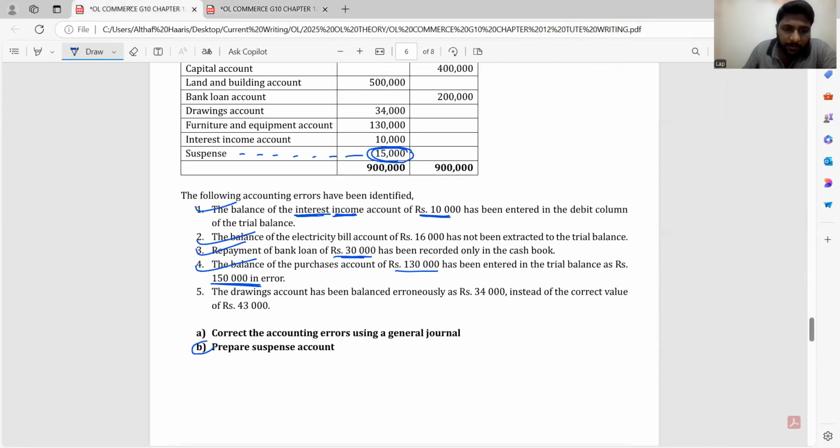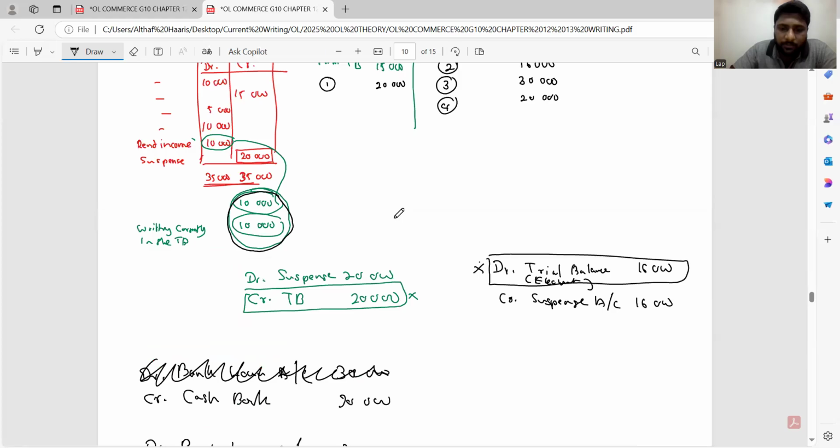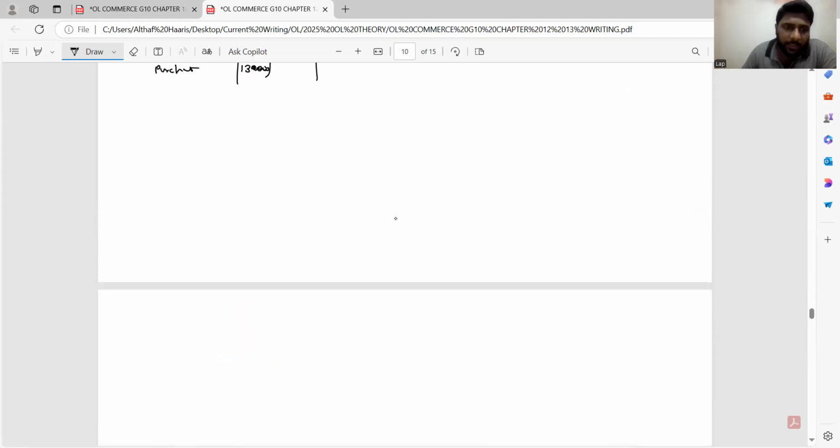Next one. The drawings account has been balanced erroneously as 34,000 instead of the correct value 43,000. So this is the drawings account.